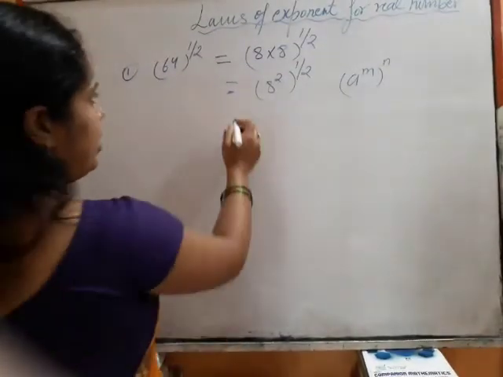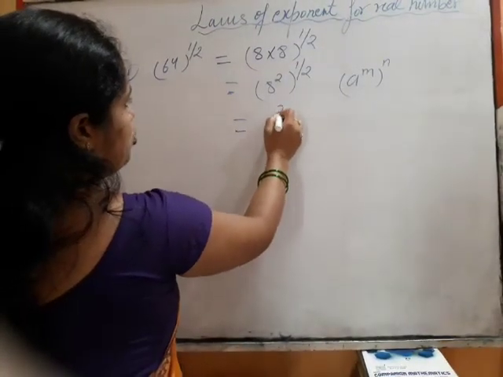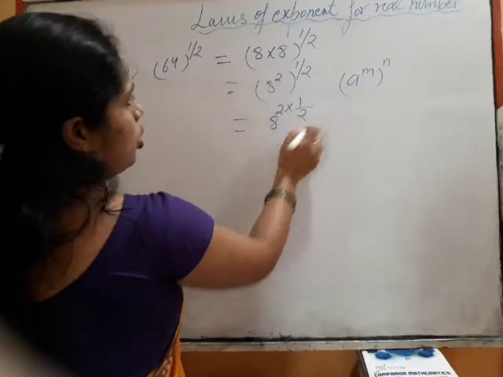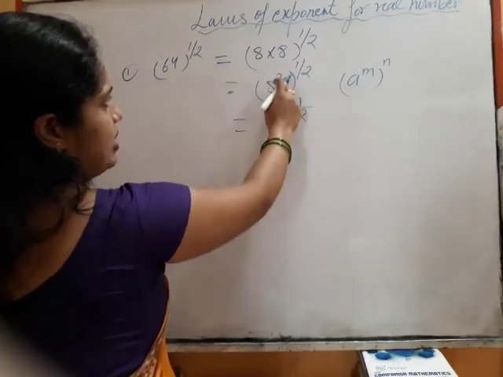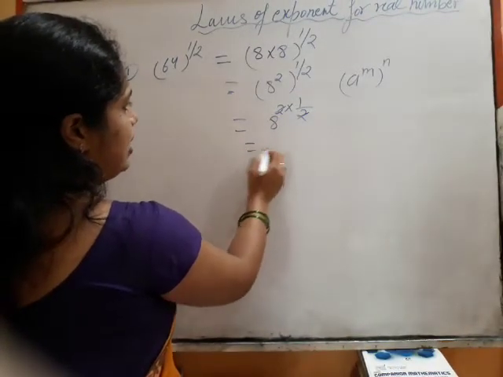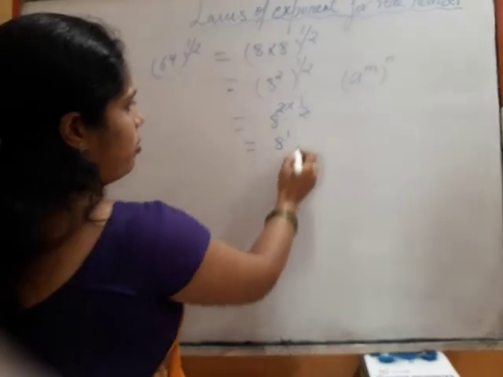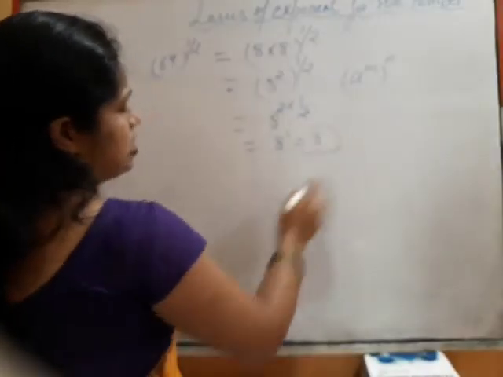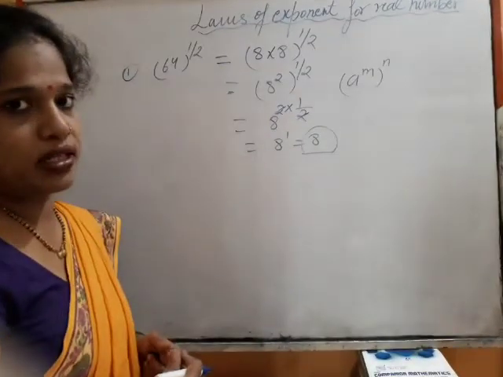Now these both exponents will get operated together. So 8 raised to the power 2 into 1 upon 2. 2 will get cancelled, which will give you 8 raised to the power 1, that is 8. So 8 is our answer.